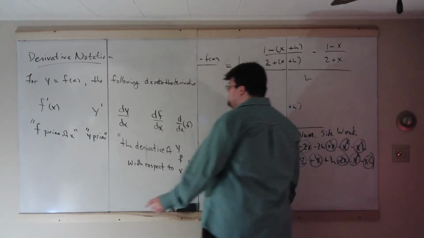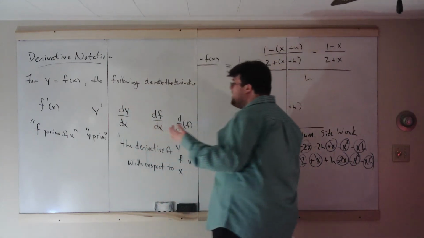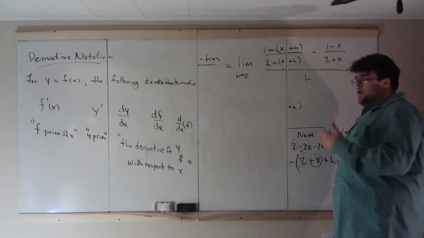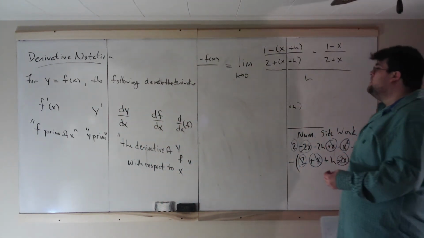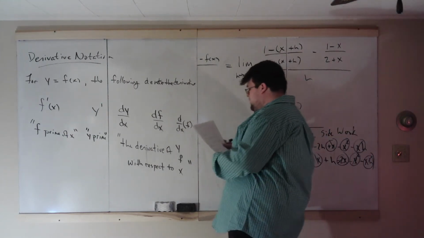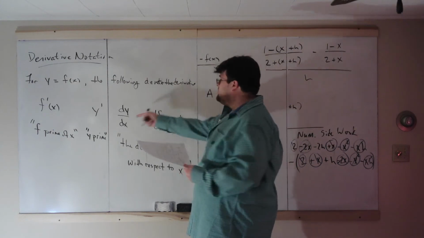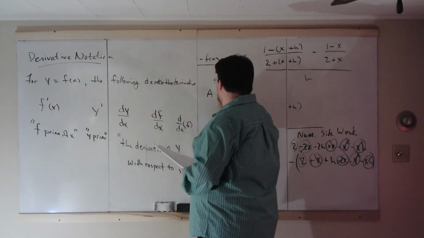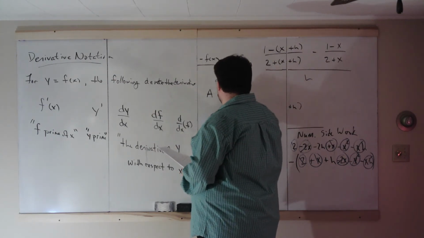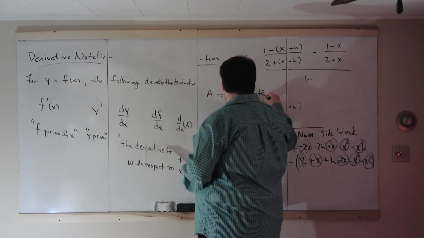I will probably use the third one the most. I find that the most useful to think about. Let me illustrate where the third notation comes from, the reason for the notation dy dx.